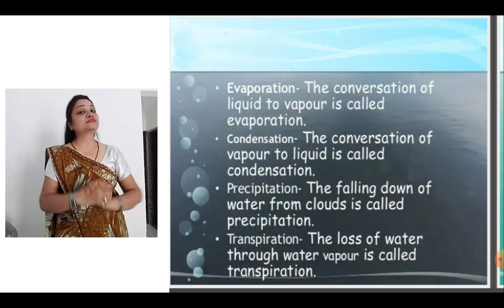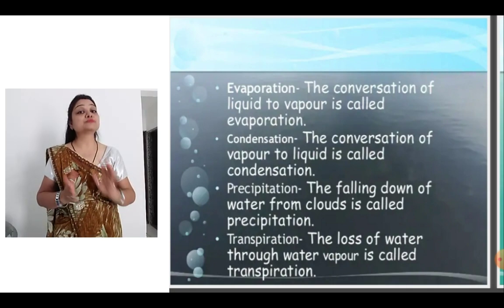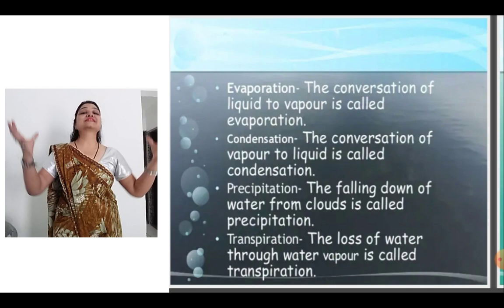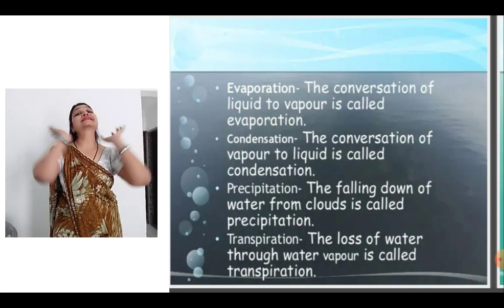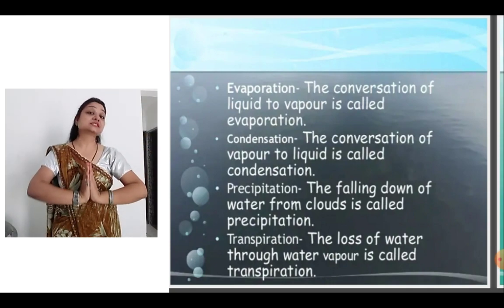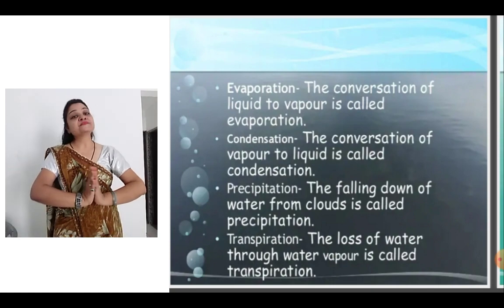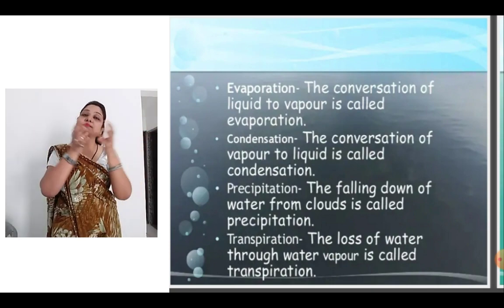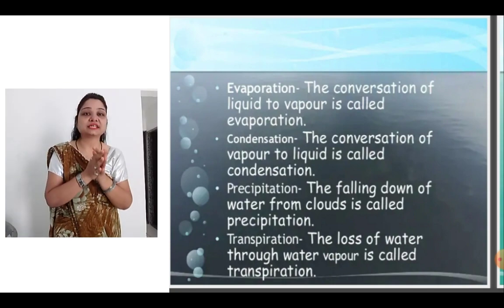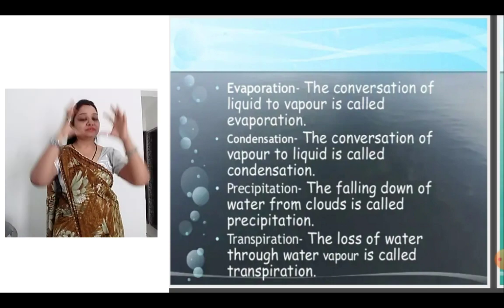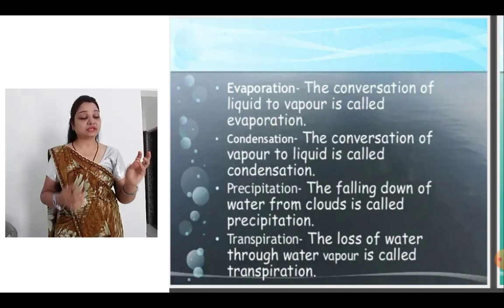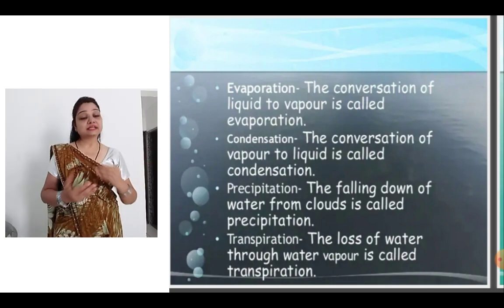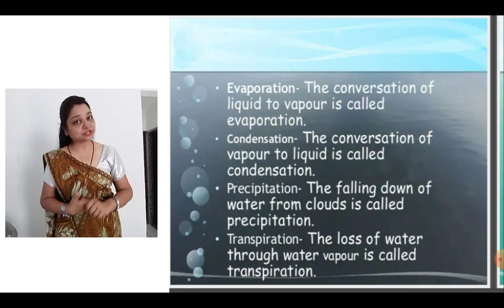Now this water which goes into the atmosphere by evaporation and transpiration gets collected and forms the clouds in the atmosphere. That is condensation, right? After that, when the droplets combine together, they form big droplets, and when the clouds become heavy, they come down as rain or frost or snow or hail, in any form according to the temperature of the place.